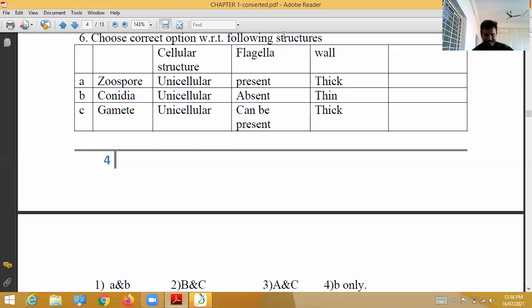Let's see B, conidia. Conidia is unicellular, flagella is absent, and it is thin. Option B is correct.